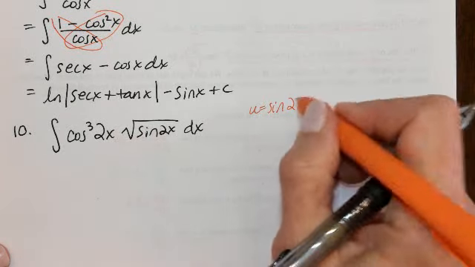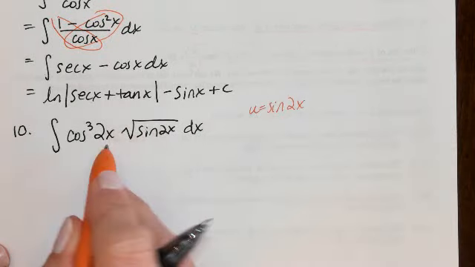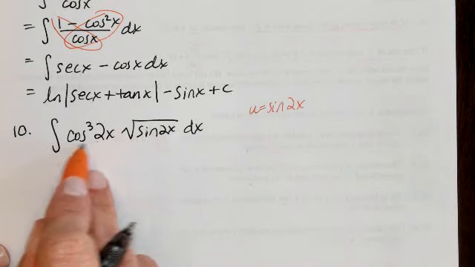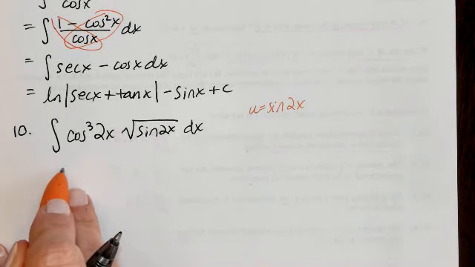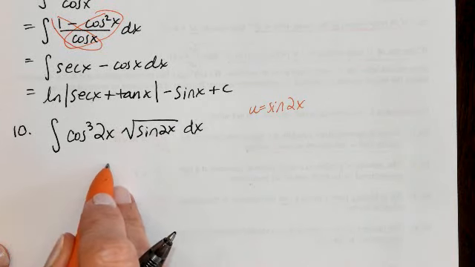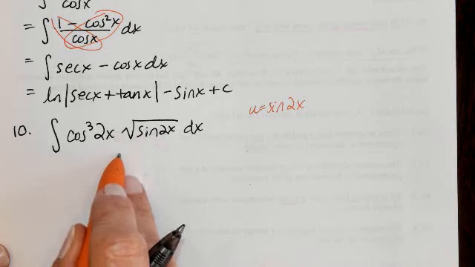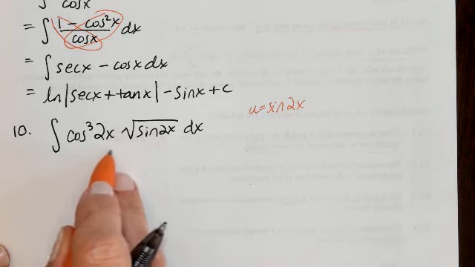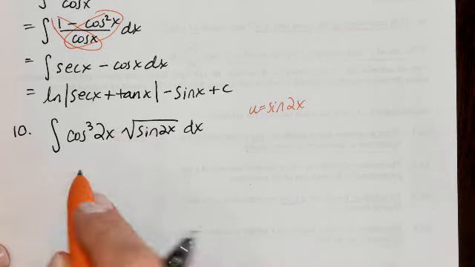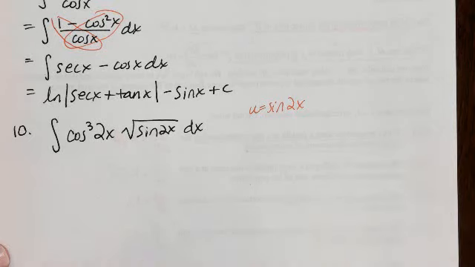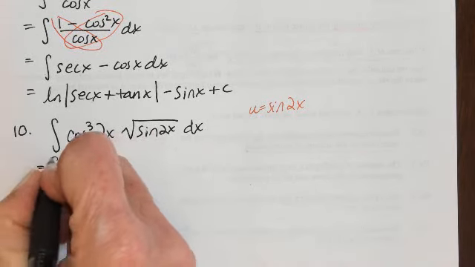Well, I can do that if I split this cosine cubed into cosine 2x times cosine squared 2x and then change the cosine squared 2x to sines using my Pythagorean identity. So that's my thought process here.